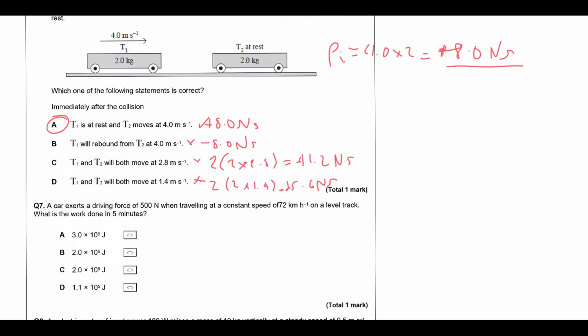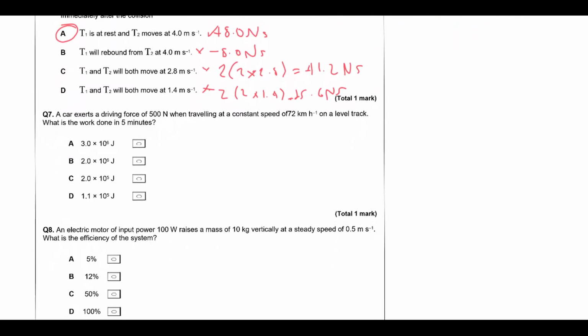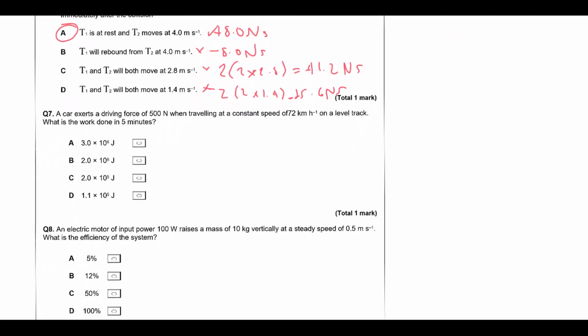Okay, so a car exerts a driving force of 500 newtons when travelling at a constant speed on a level track. What is the work done in 5 minutes? The first thing, work done is going to be power times time, and power is force times velocity, so work done is force times velocity times time.